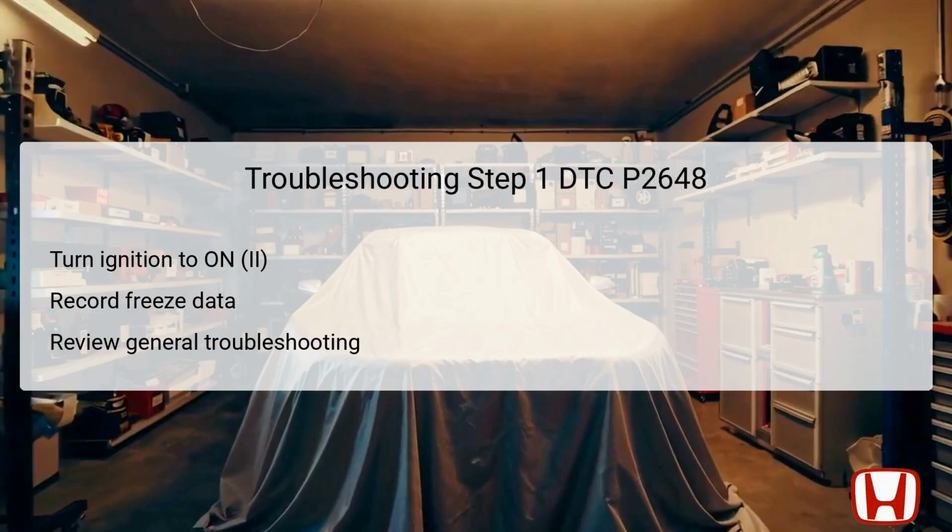It is crucial to record all freeze data and any snapshots stored on board, which can provide critical information about the vehicle's status at the moment the fault occurred. This data reflects operational conditions such as engine speed and temperature, which can significantly aid in pinpointing the issue. Additionally, reviewing general troubleshooting information is essential as it familiarizes the technician with specific parameters and recommendations that guide the diagnostic process effectively.